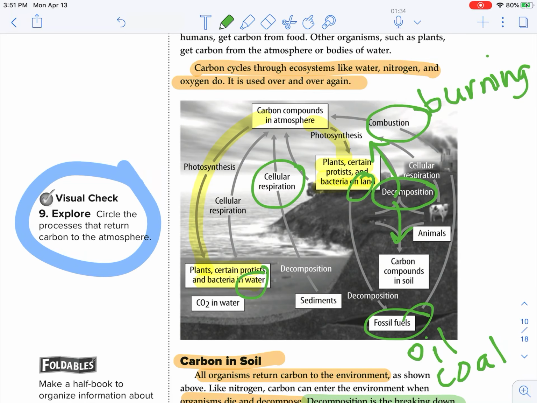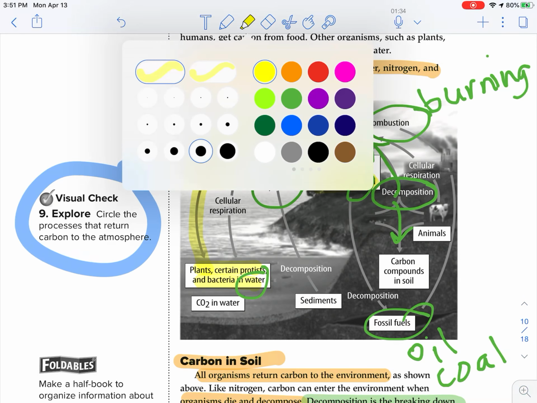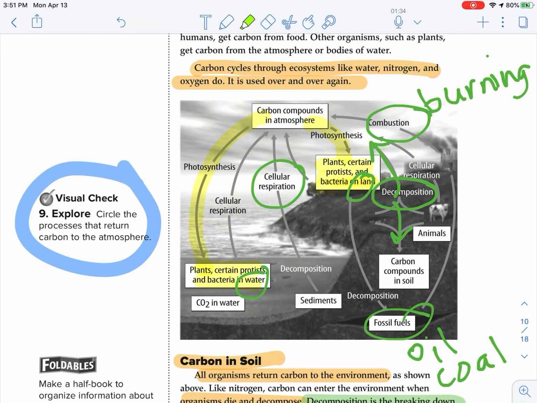Okay, so then what we've got going on here, let's go ahead and change our color here. That's how the carbon dioxide is being used, and how it's being released back: cellular respiration, combustion, and decomposition. Okay, so that's covered.